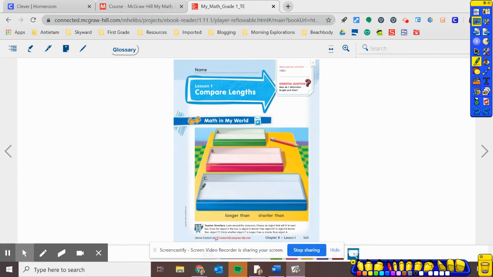We want to make sure that we're lining them up. Because if one of them isn't lined up, then it's really not showing us how long each of them is. So we need to make sure we're doing this when we compare. So now that we know our two are lined up, is box A shorter than or longer than box B? Box A is shorter than, so please circle the words shorter than at the bottom of your page.